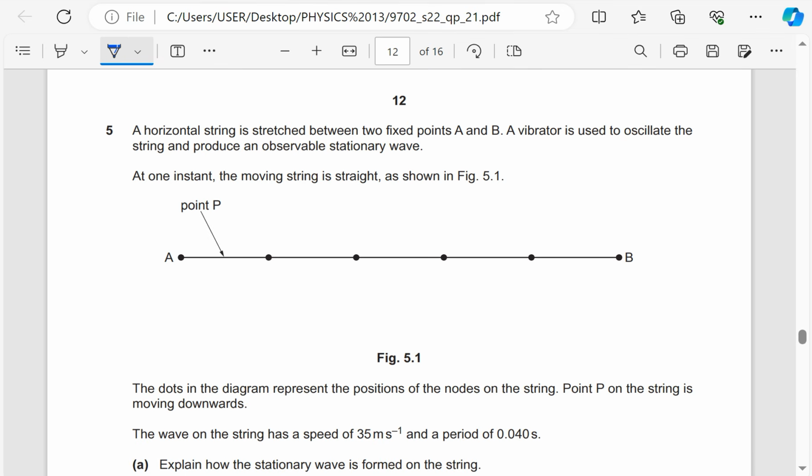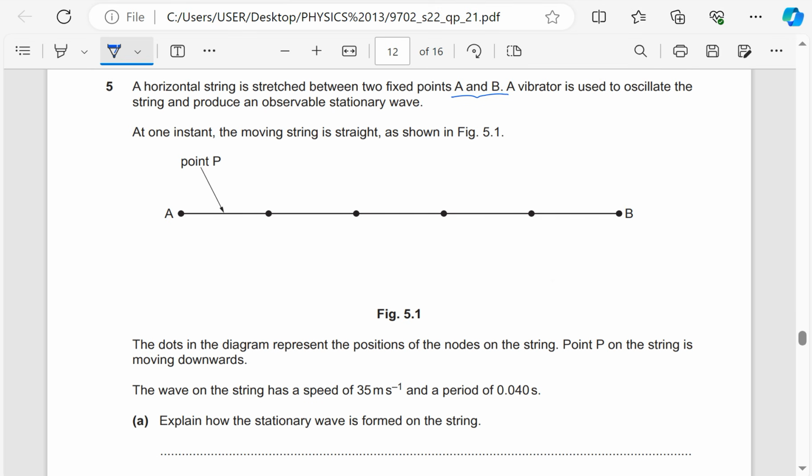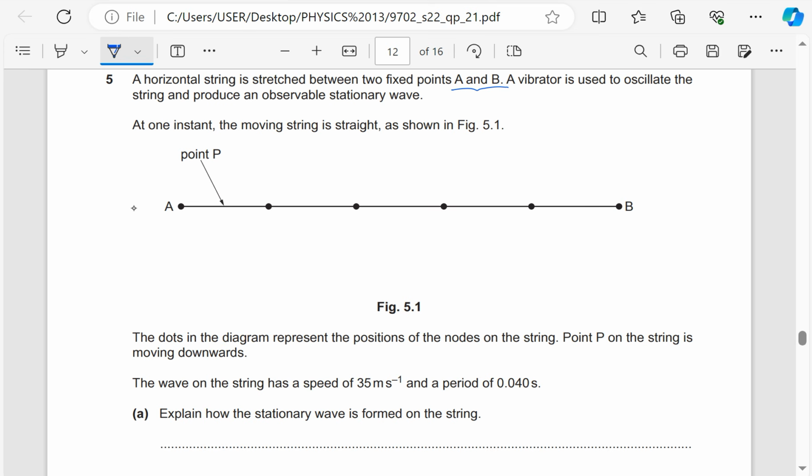Question 5, I think this is waves. A horizontal string is stretched between two fixed points A and B. A vibrator is used to oscillate the string and produces an observable stationary wave. At one instant, the moving string is straight, as shown in the figure. The dots in the diagram represent the positions of the nodes on the string.